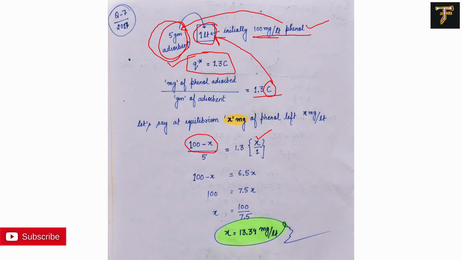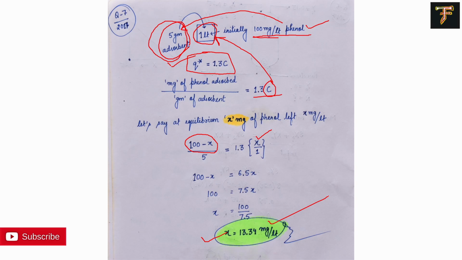If you solve, X will be equal to 13.34 milligram per liter. Sorry, 13.34 is the amount that is left in the system. So the rest, 86 point something, has already been adsorbed by the adsorbent.